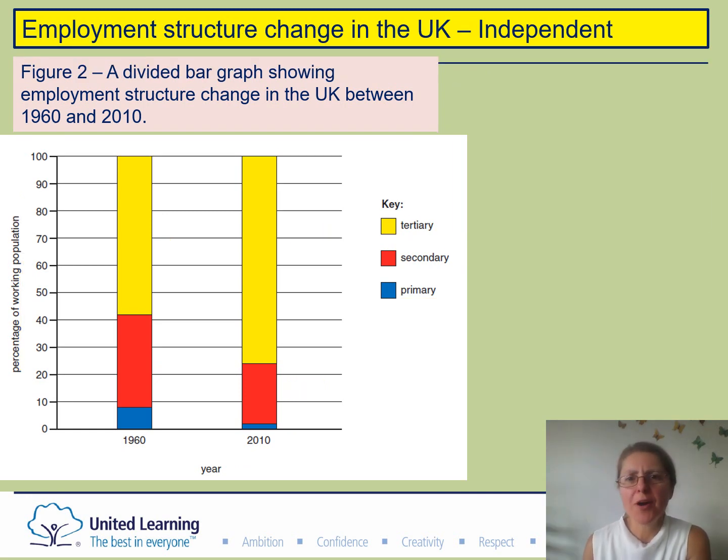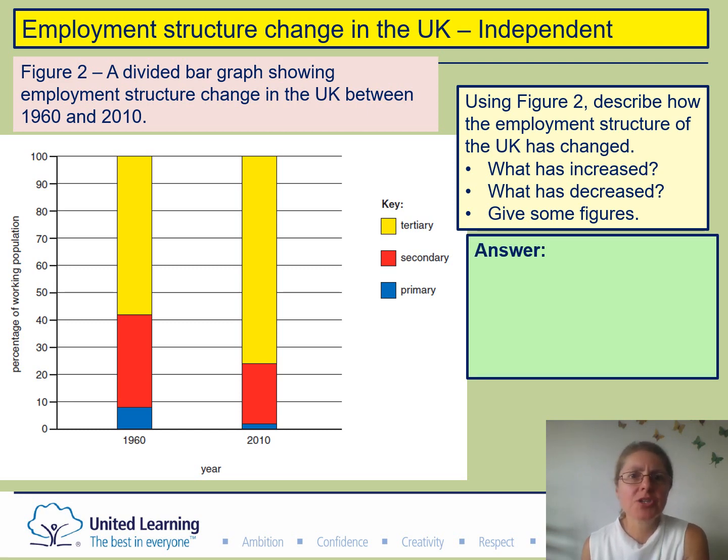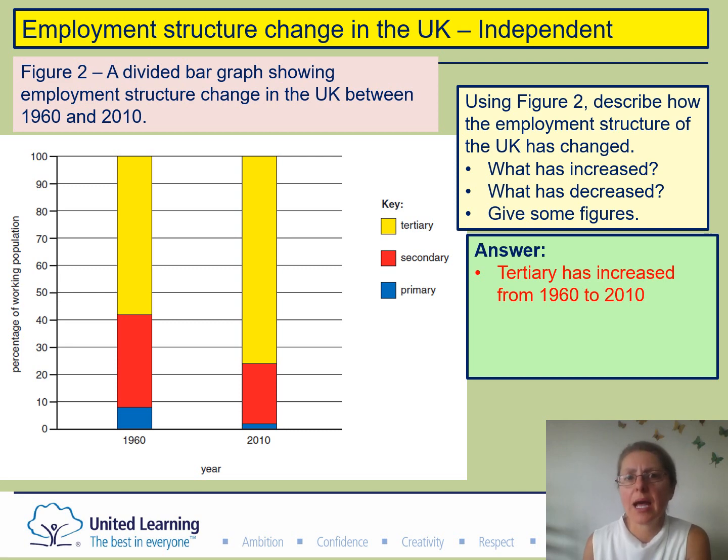So what you have hopefully found out and written is as follows. Firstly, the tertiary industry has increased quite significantly from 1960 to 2010, and we can work out how much that has increased by.